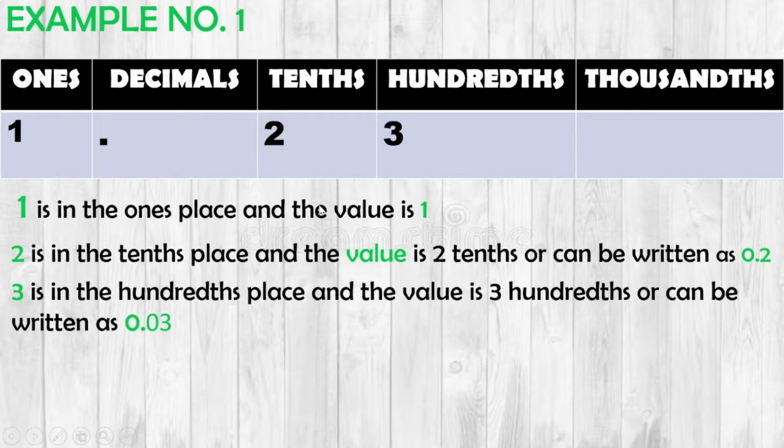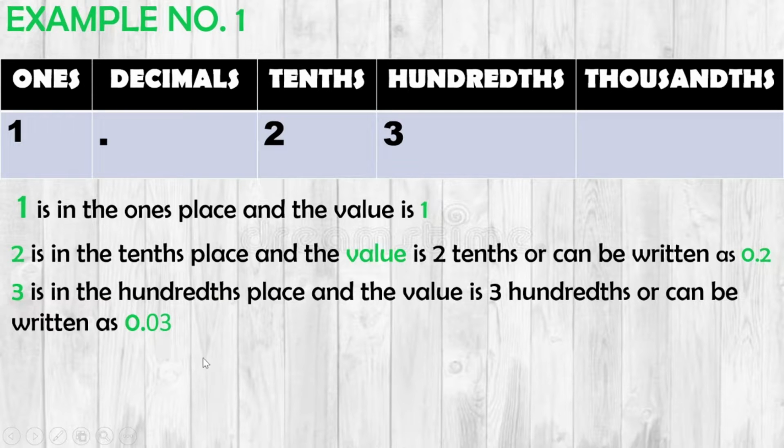So, as you can see, the 3 is in the place value of hundredths. Its place value is hundredths. And its value is 3/100. And when written in decimal form, we have 0.03. Why 0.03? Because 3 is in the place value of hundredths.